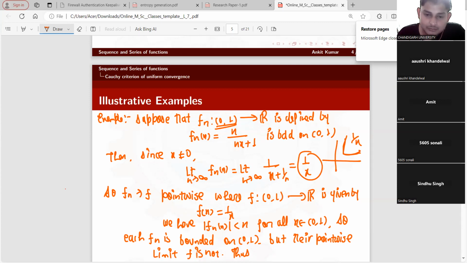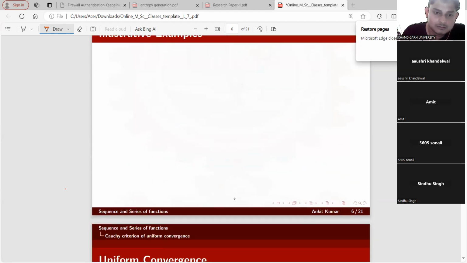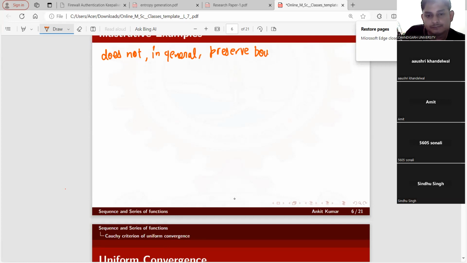So thus pointwise convergence does not in general preserve boundedness.